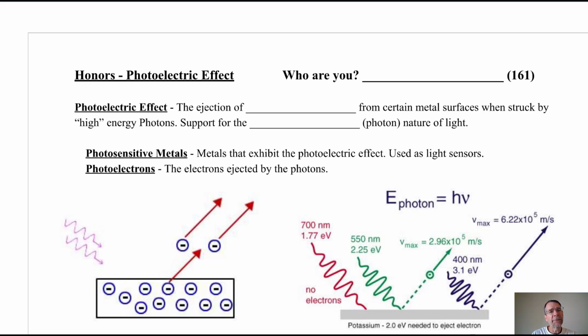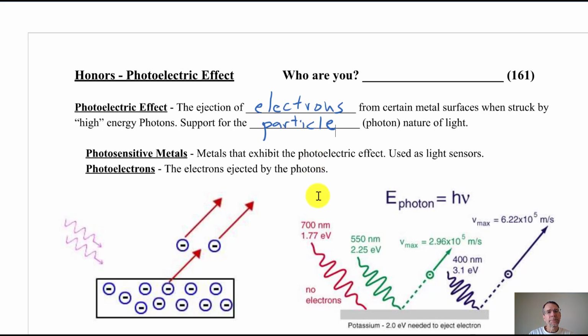But the basic definition is the photoelectric effect is the ejection or emission of electrons from metal surfaces when struck by high energy photons. It is support for the particle nature of light, the photonic nature of light.